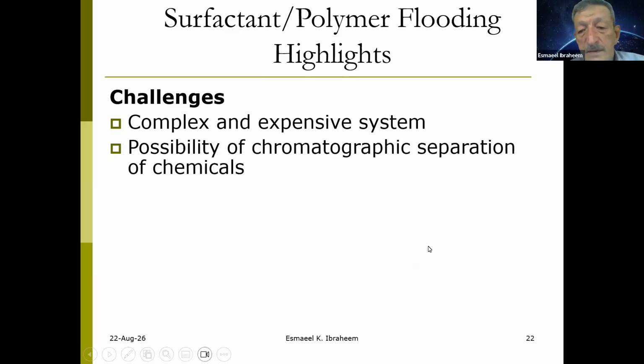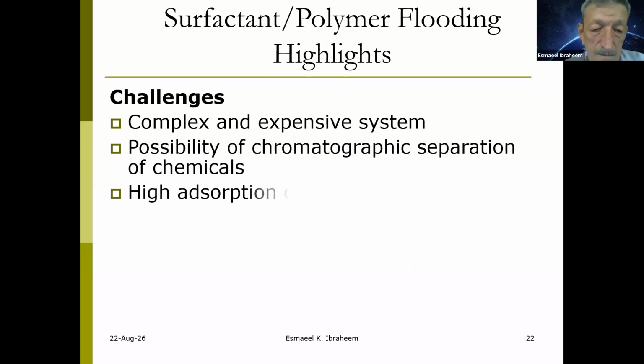Possibility of chromatographic separation of chemicals. There is a possibility that these chemicals separate, and each one goes to do the work by itself, not in combination with the other chemicals.